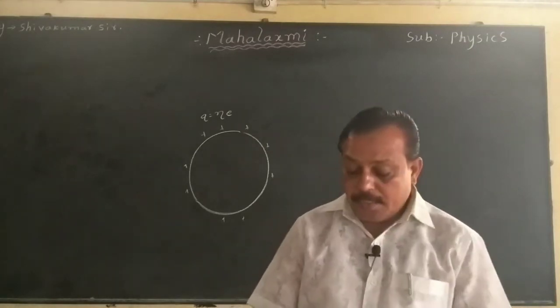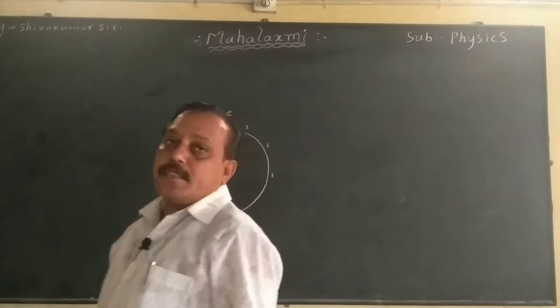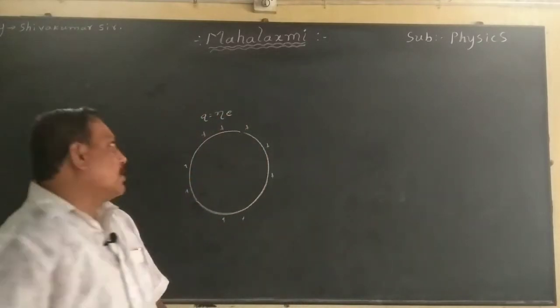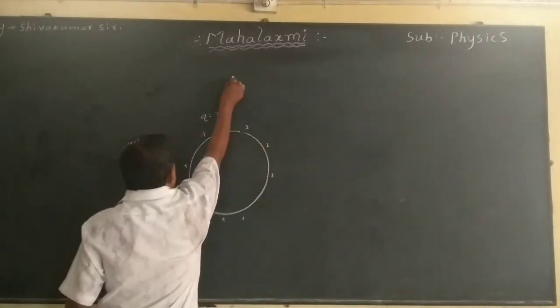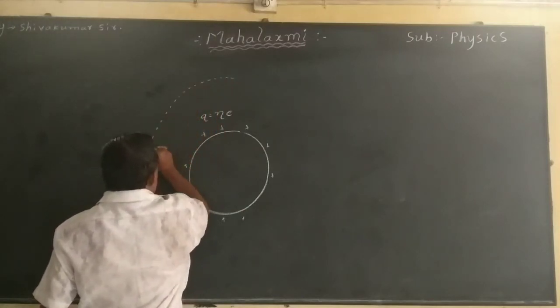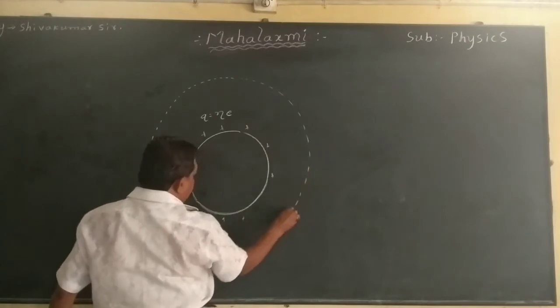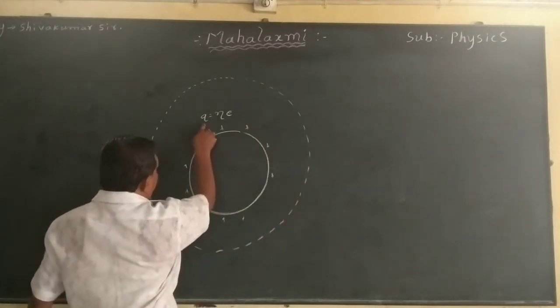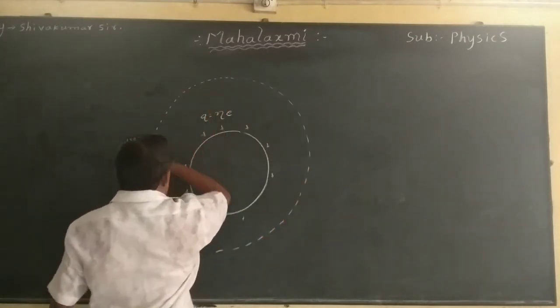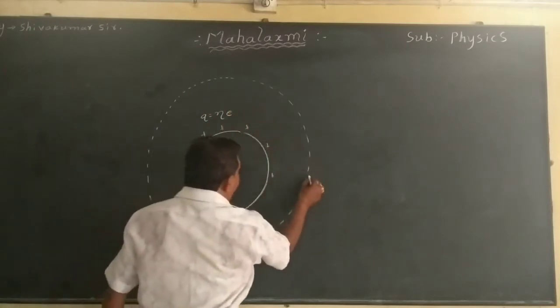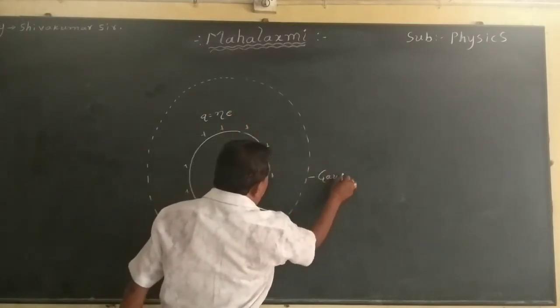Then he considered an imaginary surface. He drew the imaginary surface. Now this is the imaginary surface which encloses the charges. Q is the amount of charge enclosed by this imaginary surface, and this imaginary surface he called the Gaussian surface.